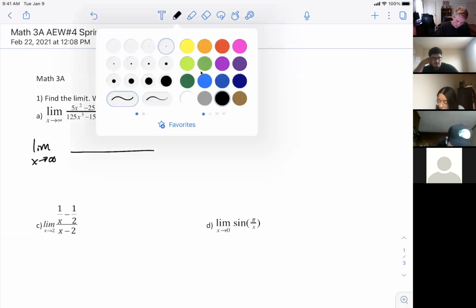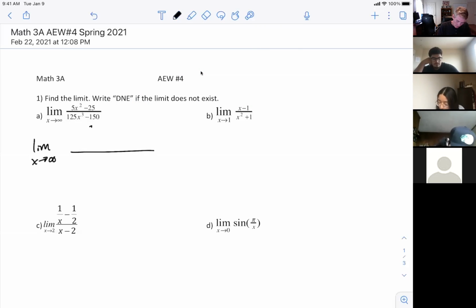So on the top, 5x squared gets divided by x cubed. 25 gets divided by x cubed. 125x cubed gets divided by x cubed. And then the 150 gets divided by x cubed.